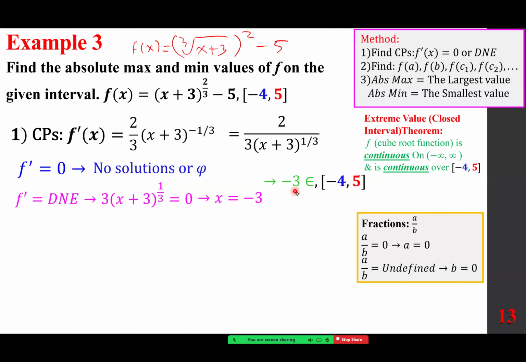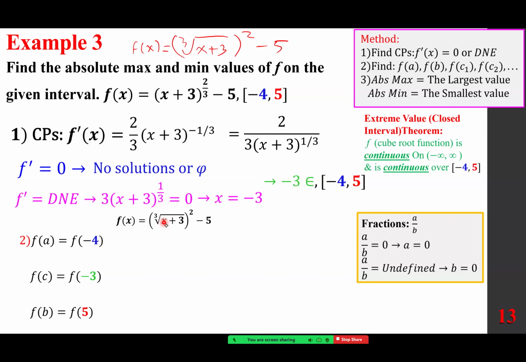So let's do that. We are going to plug those numbers into the original function, in this format, which is easier. Starting with -4, this is the function.